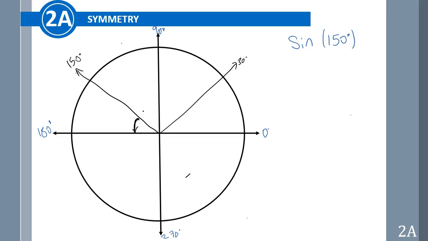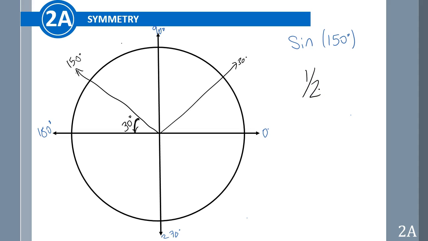Now I'm going to find out how many degrees there are between my line and the horizontal, which in this case, because I've tried to make it easy, is 30. Then we look at sine of 30, which we already know is a half.